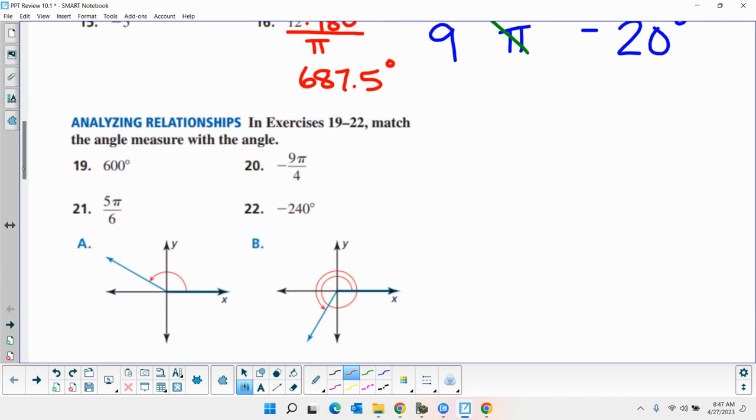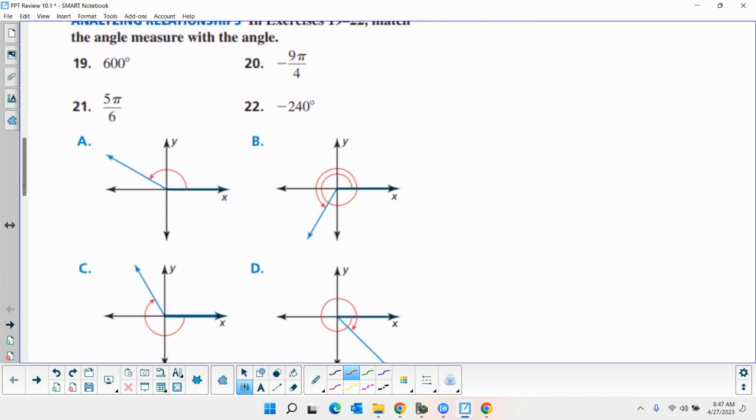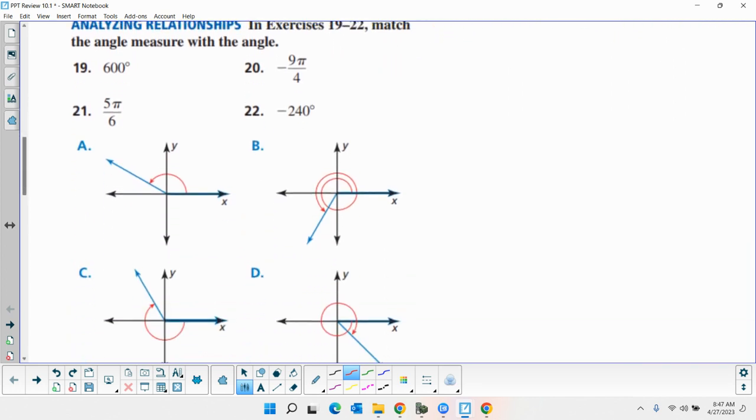On those, 600 is past 360, right? So which one of these is going positive past 360? B. All right. And then negative 9 pi over 4. Well, if I reduce that, that's negative 2.25 pi.